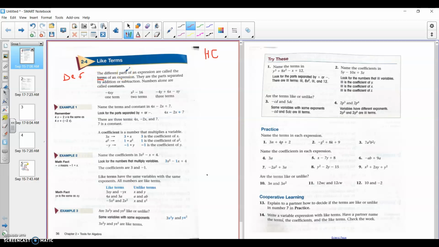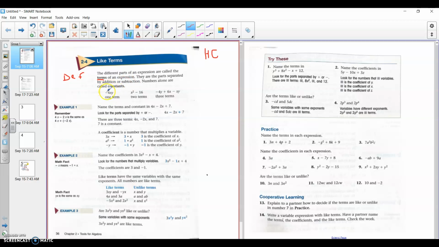They said the different parts of an expression are called the terms. Really, it's anything that's not an operation. So if it's not a plus, if it's not a minus, if it's not a subtraction or division, it is a term. So when you look at negative 4xy, it's all together.